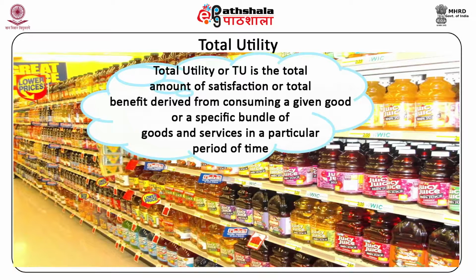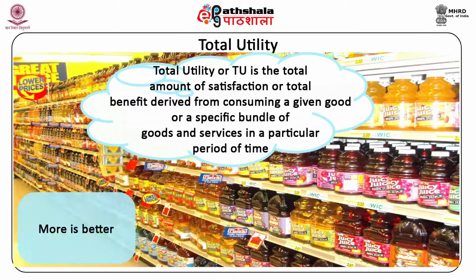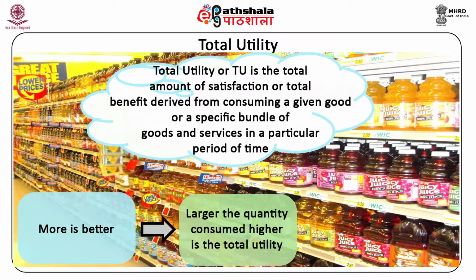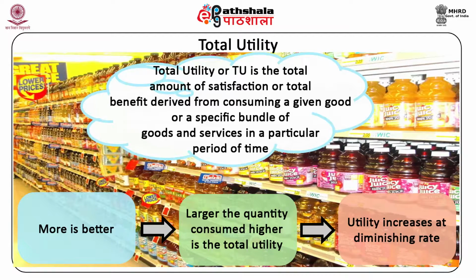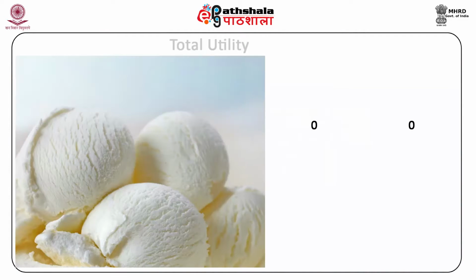In general, it is assumed that consumers find more is better. That is, the larger the quantity consumed of a good, the higher is the total utility. However, utility increases at a diminishing rate as consumers consume more and more of a good. This is demonstrated in the following example.